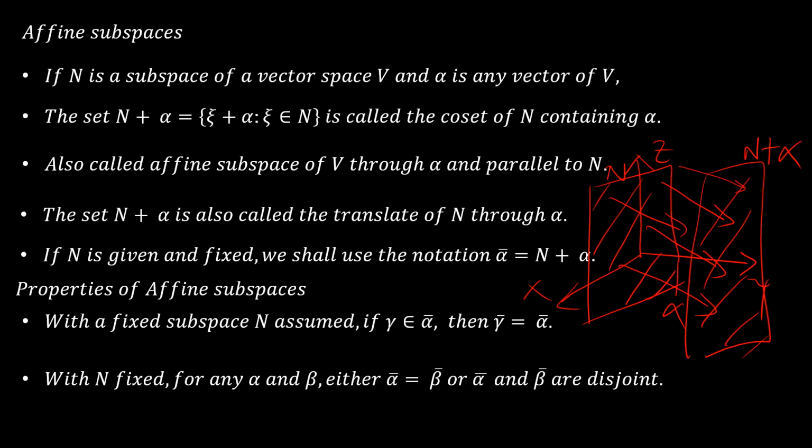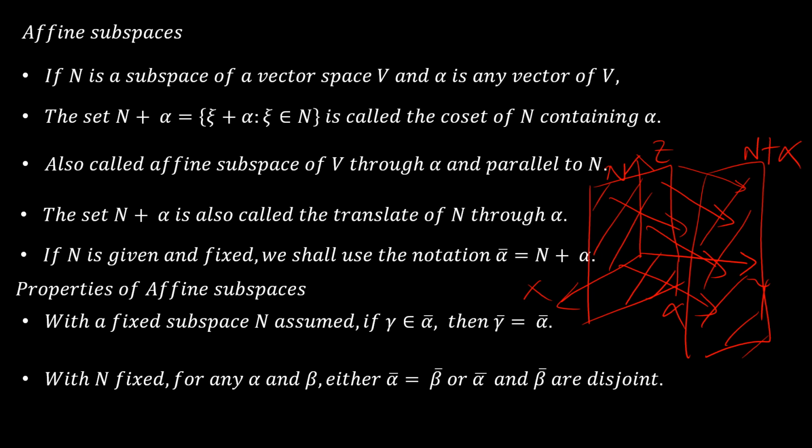Now, with N fixed, for any alpha and beta, either alpha bar equals beta bar, or alpha bar and beta bar are disjoint.